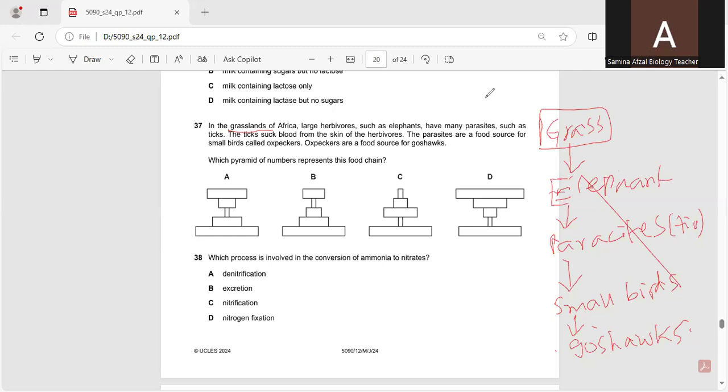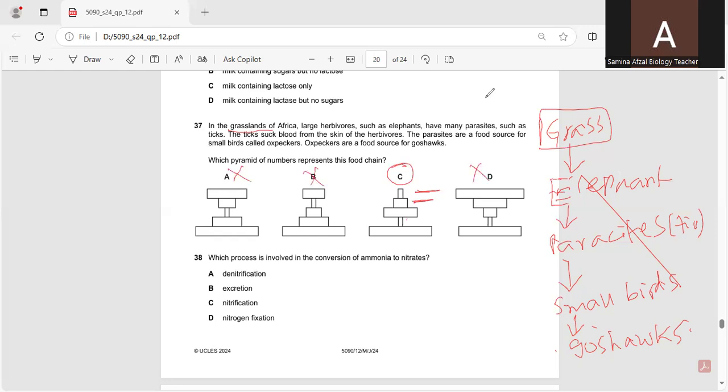So there will be only one elephant, and next to it, the parasites are greater in number compared to small birds. So as the size is increasing, the number is decreasing. So according to this food chain, C is the correct option and all other options are not correct.